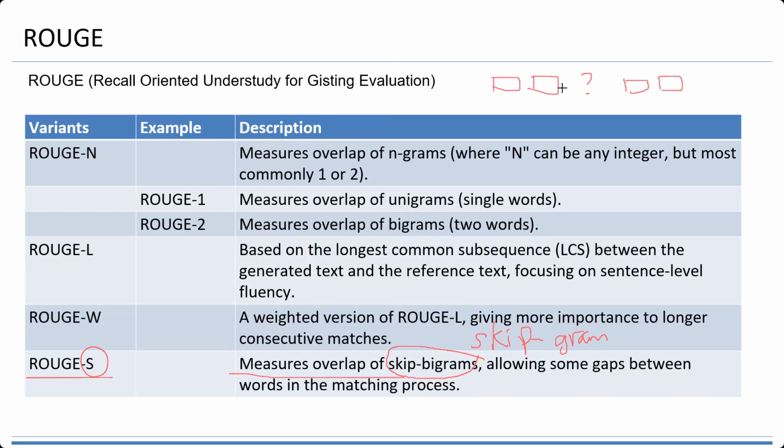In the skip bigram, it means we have a bigram, two words, then you look at the missing ones, allowing some gaps between words in the matching process. So we have the skip bigram instead of the skip-gram, and we can use ROUGE-S to measure the metrics for the text summarization.